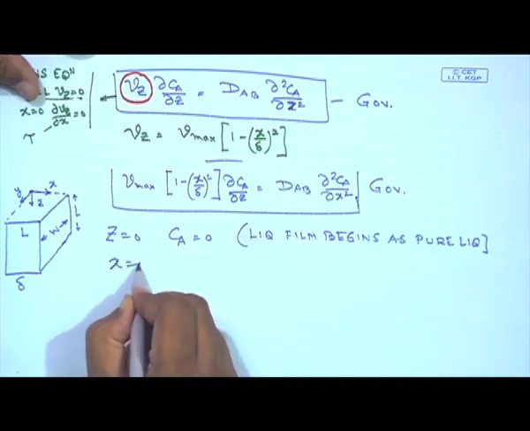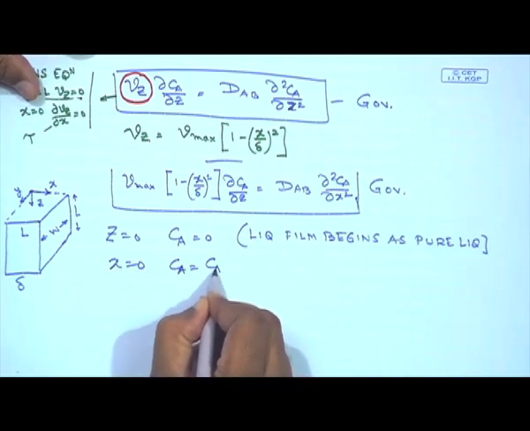And then at x equals 0, Ca is equal to Ca0.